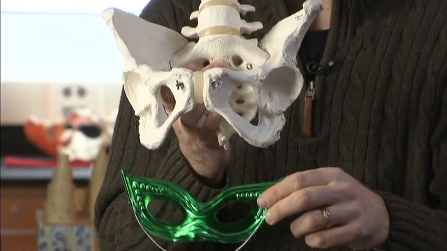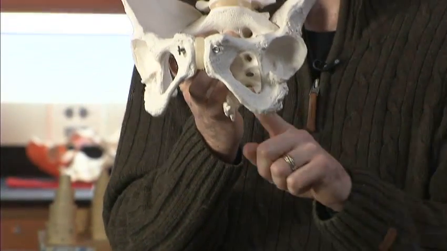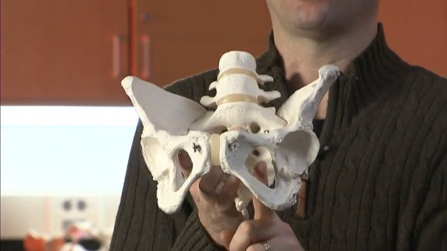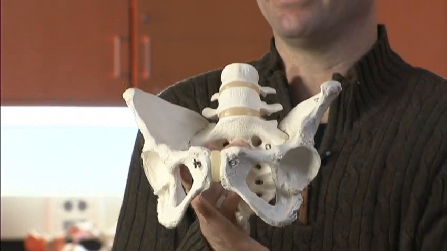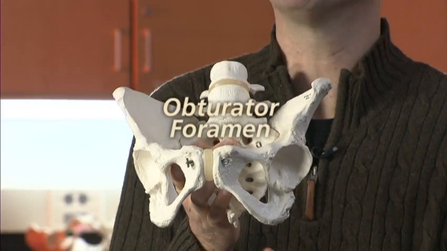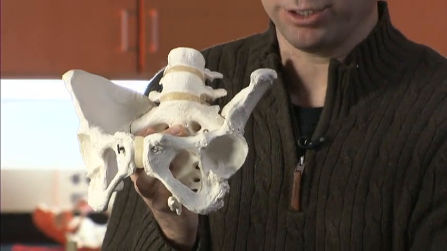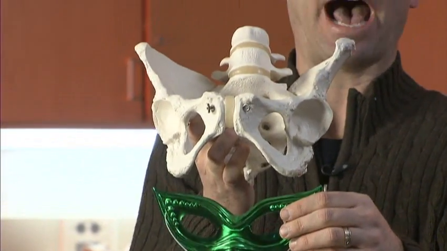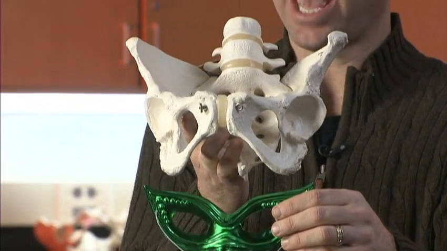And if you remember earlier, we said, what was the term for a hole? A foramen. So there's a big hole here and a big hole here. So this foramen and this foramen, they're named obturator foramen for each of those. So this helps you visualize the two pubis bones and each obturator foramen within that.